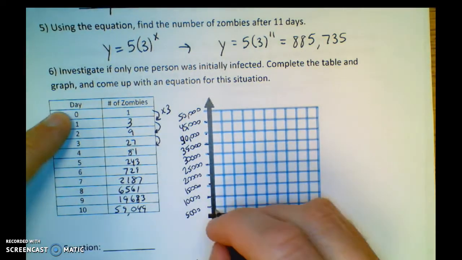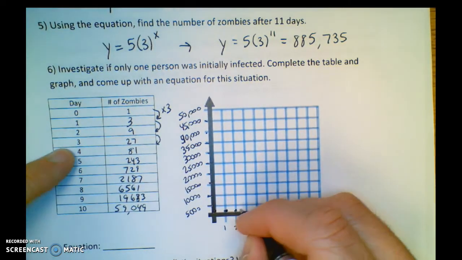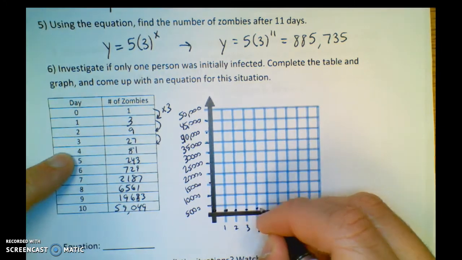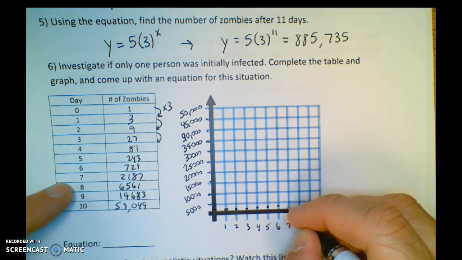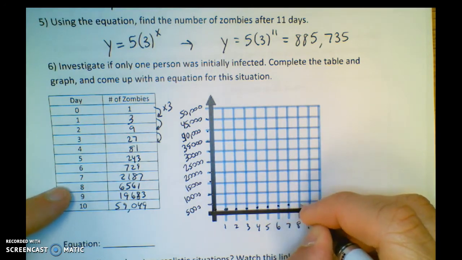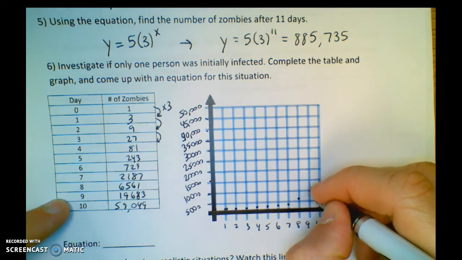Alright, so same idea. The graph starts low, doesn't really change much. Getting a little bit higher every time you go along, until eventually, by day 8, we finally breach on our graph.